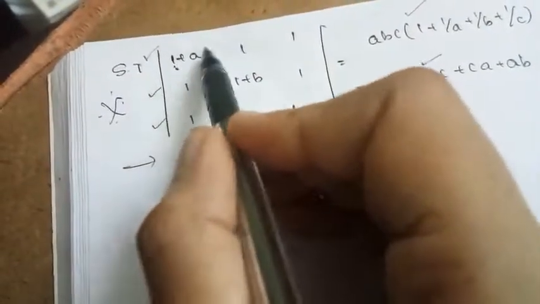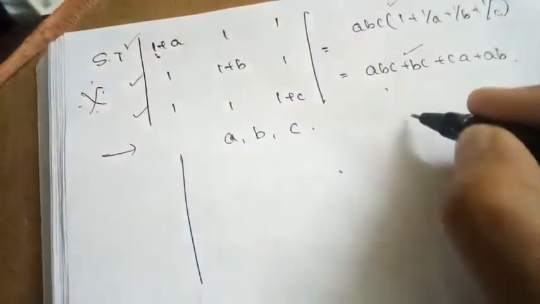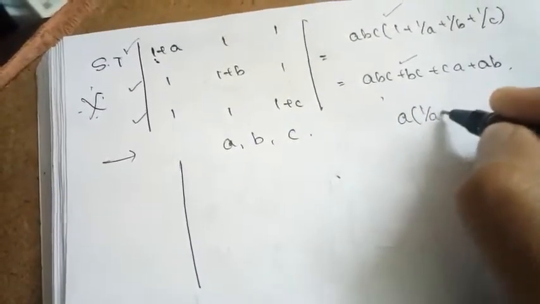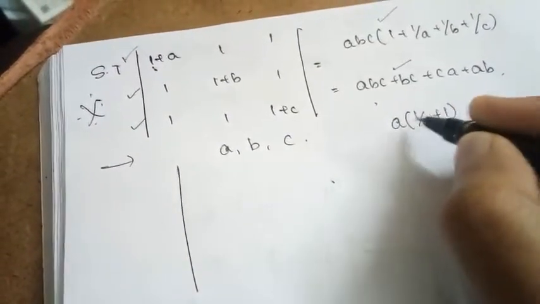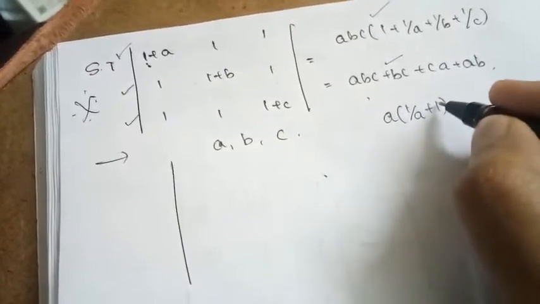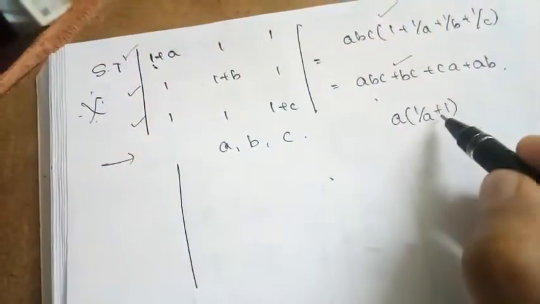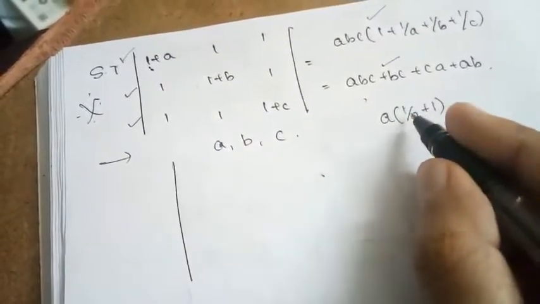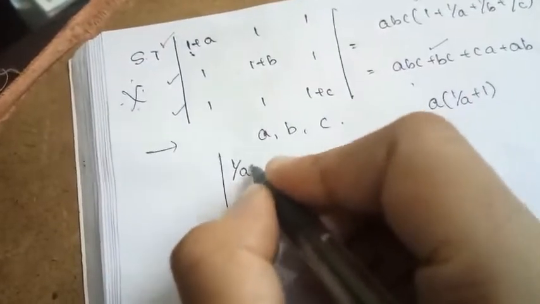From the first element, if I take A common outside, what is 1 becomes 1 by A plus 1, right? If I multiply A, A by A gives 1 plus 1 by A, and A into 1 is A, so 1 plus A. So if I take A common outside, this becomes 1 by A plus 1. So that is nothing but 1 by A plus 1.